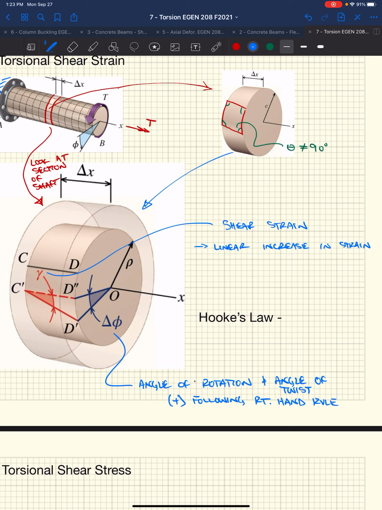This line here, if we look at a very small sliver of the shaft, is linear as we go from one side of this sliver to the other. This line here that goes the whole length of the shaft is linear. We have a linear increase in strain as we go from one end of the shaft to the other end, or one end of this little sliver to the other end of the little sliver. It's changing linearly from one side to the other.